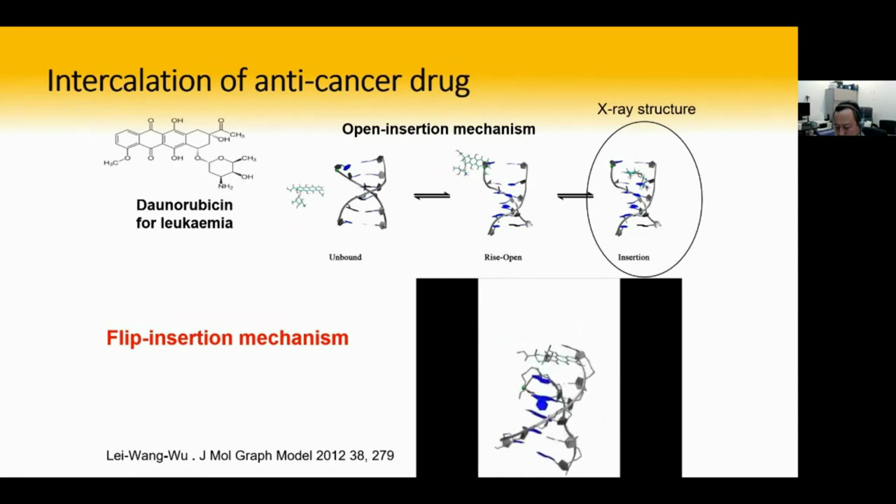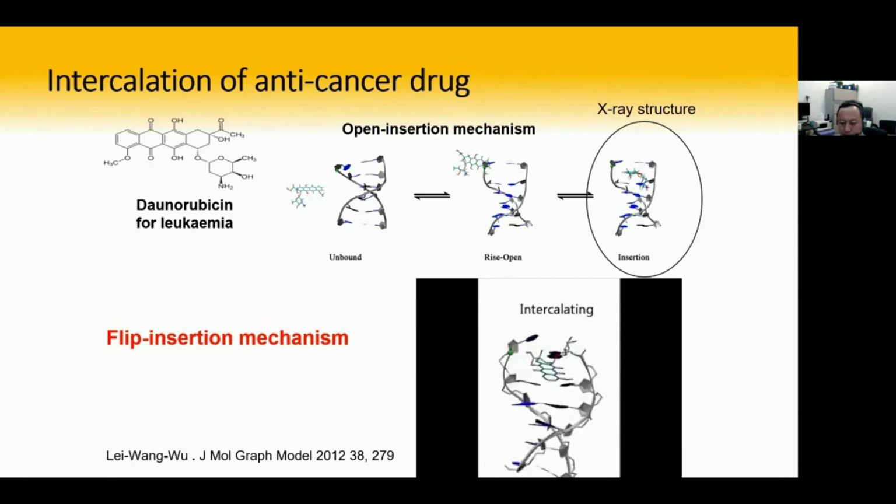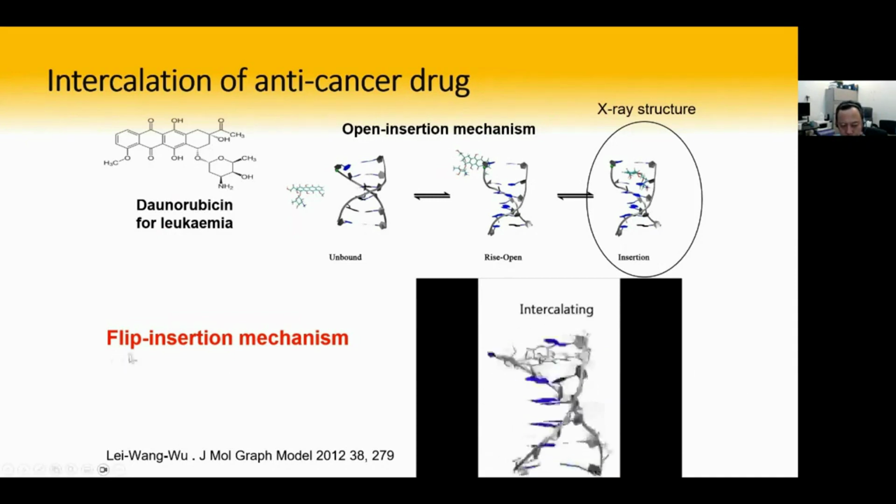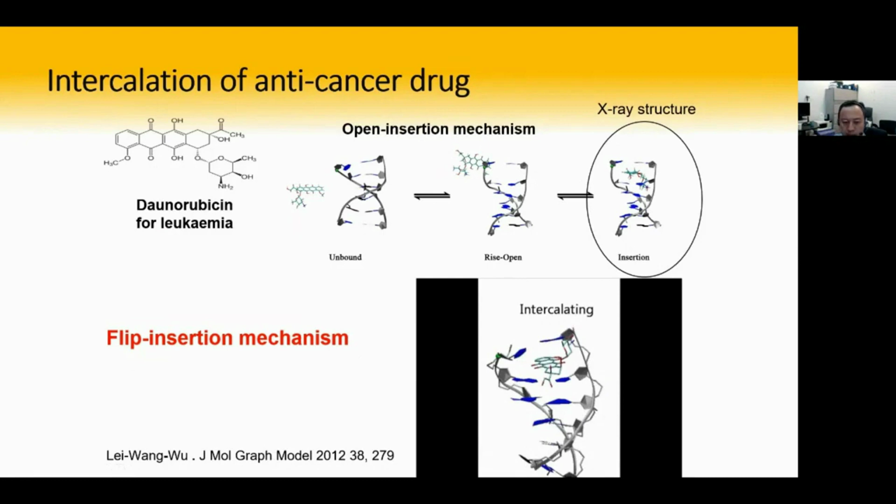Once insertion occurs, the base pairing re-forms. This is what is called the flip insertion mechanism. So from the dynamics simulation, we can quickly pick up the mechanism. And it's worth mentioning that this work has been cited over 60 times.